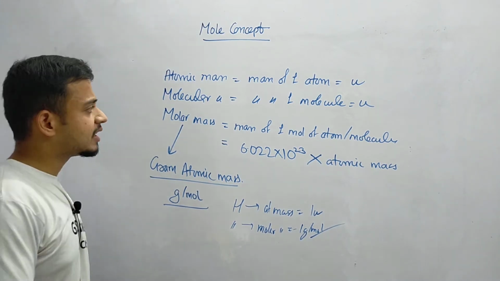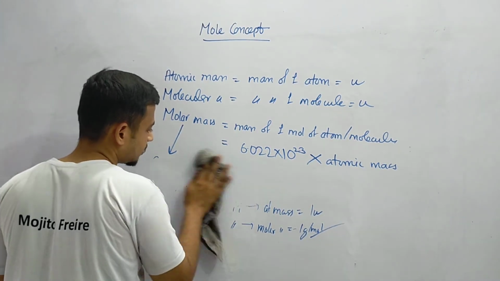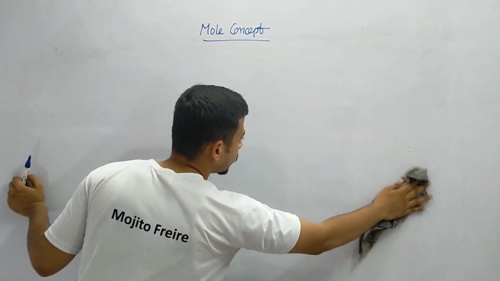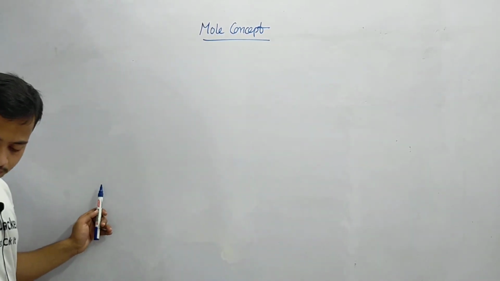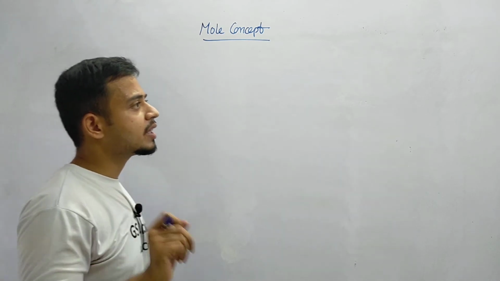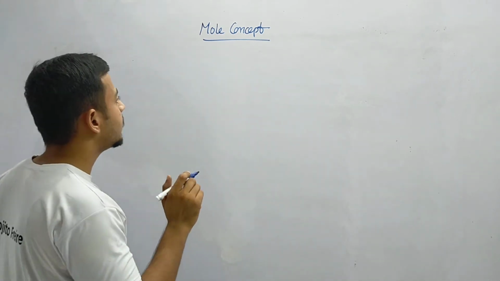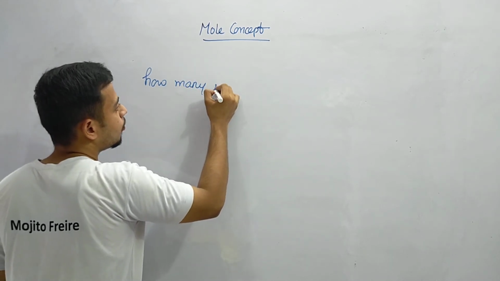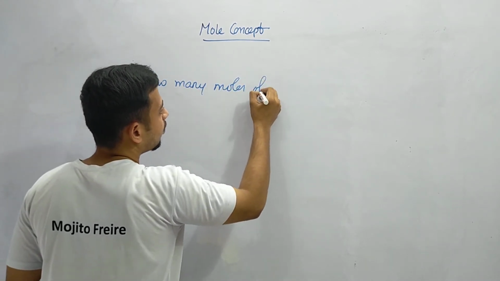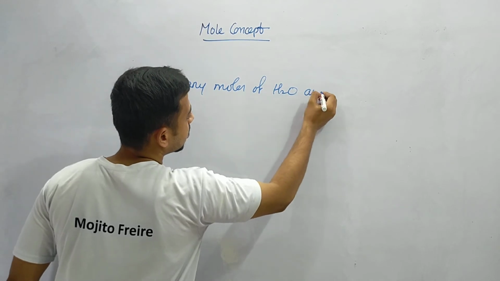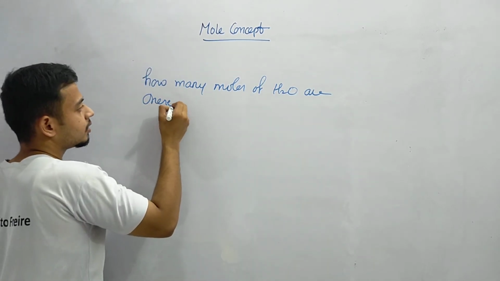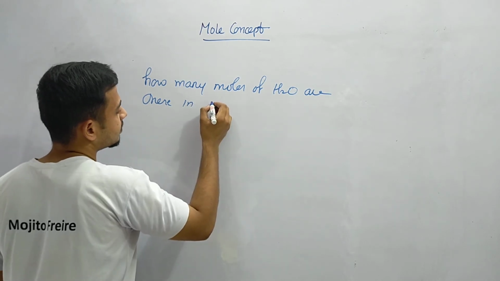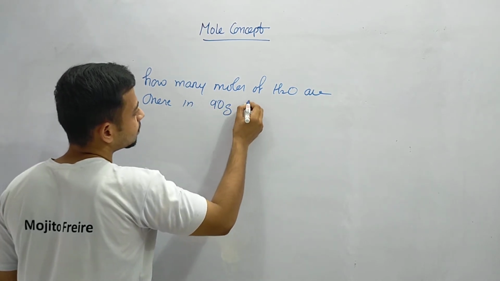Now I'll tell you some questions and explain them. See, if a question asks how many moles of water are there in, let's say, 90 gram of water.